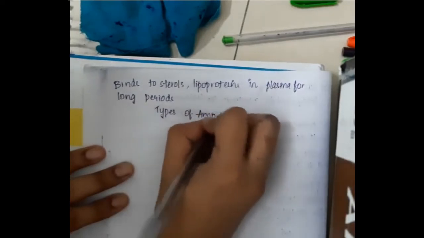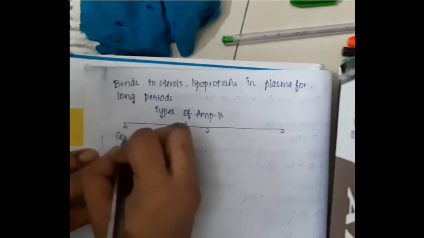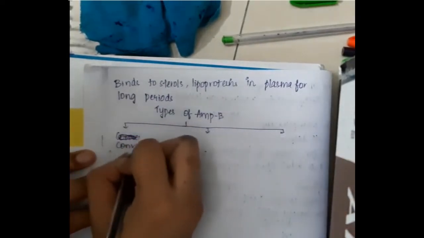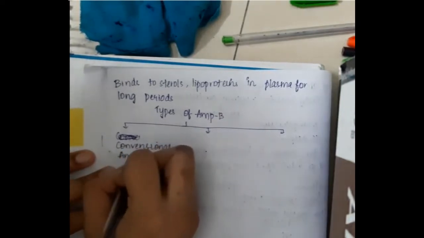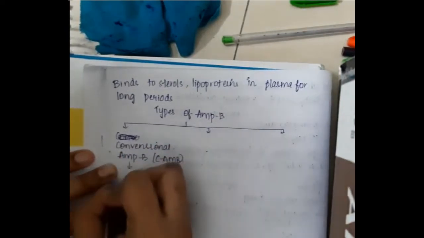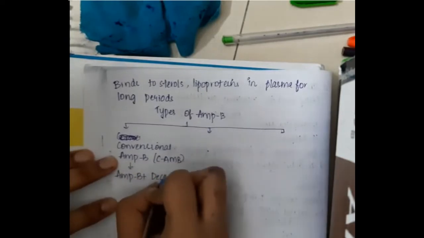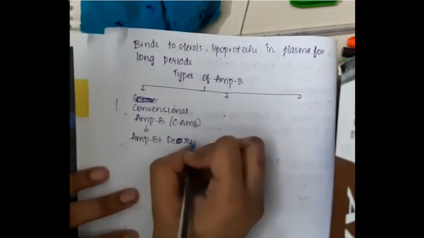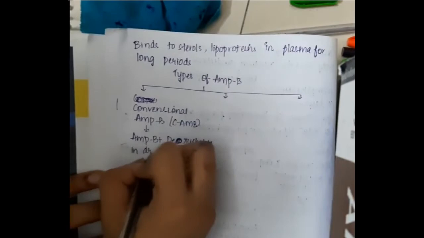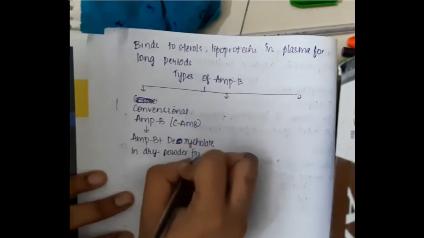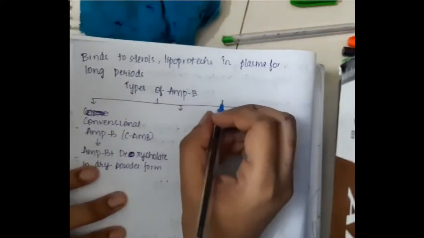If you see the types of amphotericin B, we have three types. One is conventional amphotericin B, or C amphotericin B, where amphotericin B is combined with deoxycholate in dry powdery form.